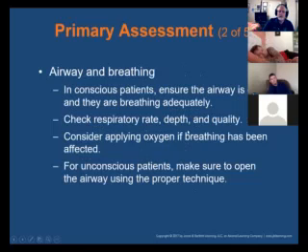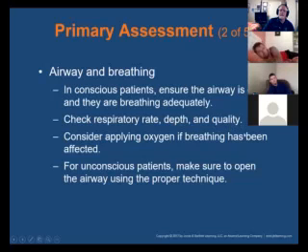Airway and breathing, we assess those the same as we always have, right? As we get our vital signs, remember we've talked about that ventilatory rate includes a lot more than counting respirations. It does include the rate, but it includes the depth and the quality, labored, non-labored.